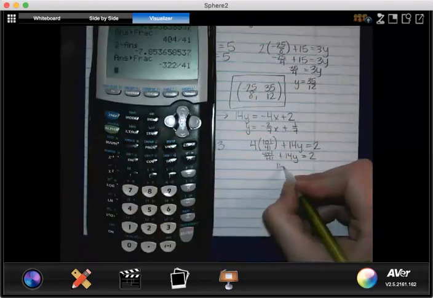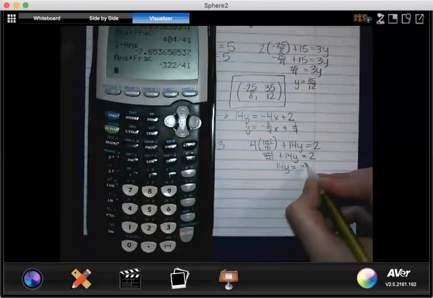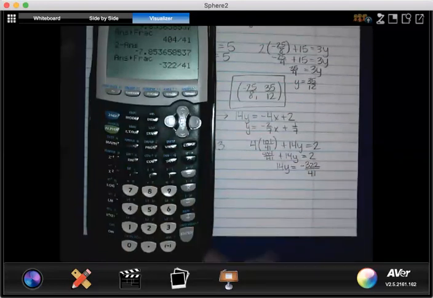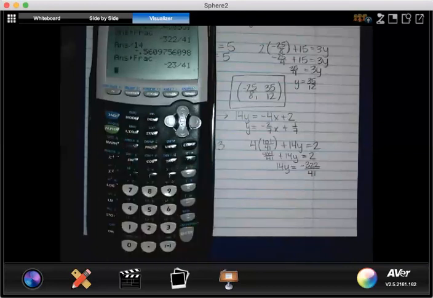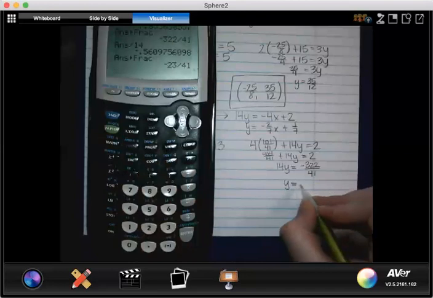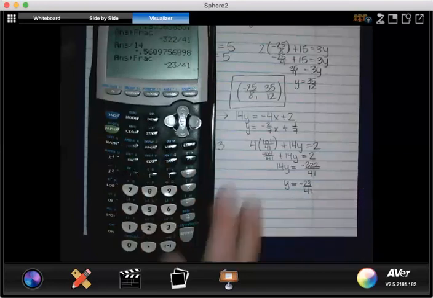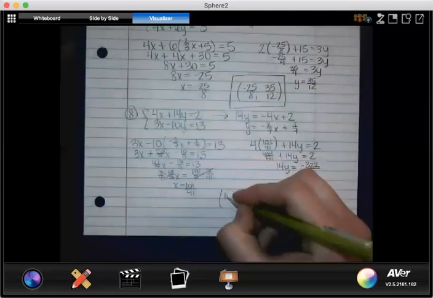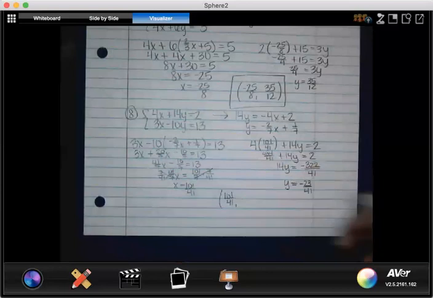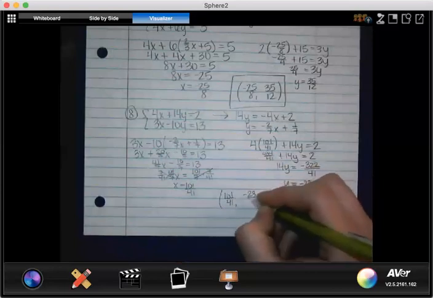So 14y equals negative 322 divided by 41. And then we're going to divide by 14. Math, enter. And y equals negative 23/41. Again, handy dandy calculator helps us out here. So final answer: 101/41, negative 23/41.